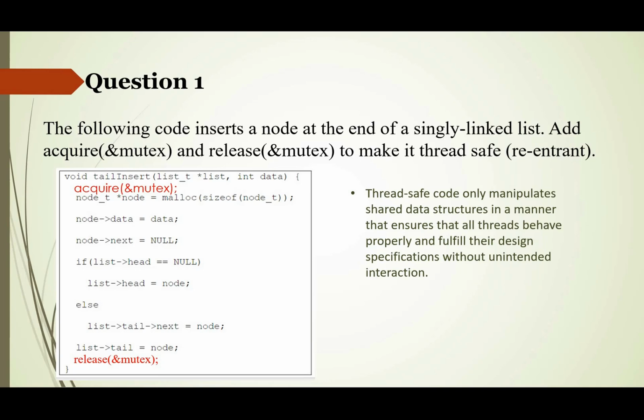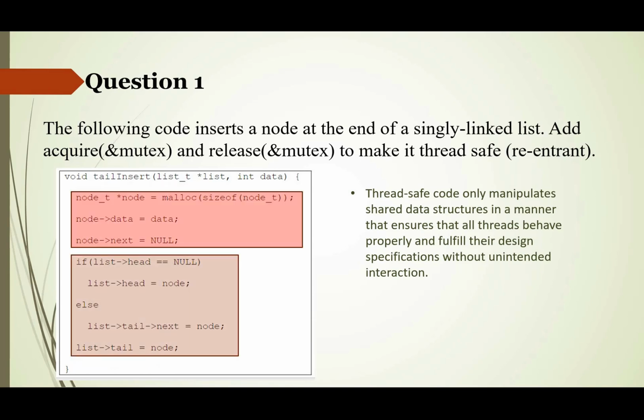So we only acquire the mutex when we are going to touch or modify a shared variable. The first block is not of interest for being interfered with, but the second block, which starts from the if statement, is important because we are going to check or change variables that are shared across all the threads.